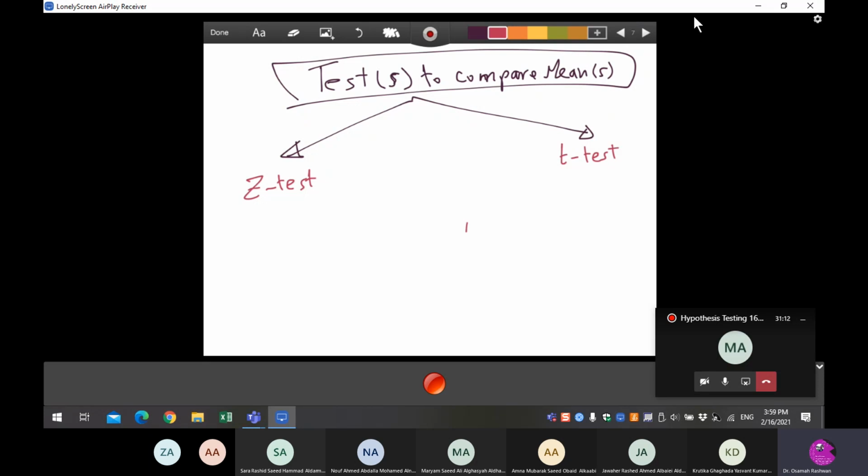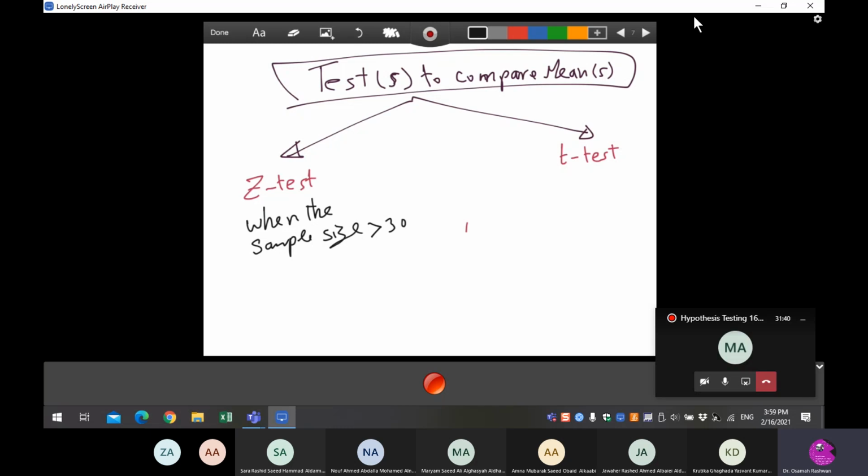As you remember, when are we going to use this one? When the sample size is greater than what? 30. 30, thank you.